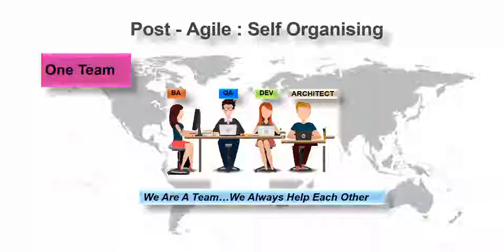Now, when I say an issue or concern gets resolved within the team, it can only be possible when we have people from different backgrounds forming a team and resolving the issue. If we have a team of only developers and an issue comes that is related to architecture, the developers are not in a position to fix it. So if we have somebody from an architect background sitting in the team, there is a person who can address that.